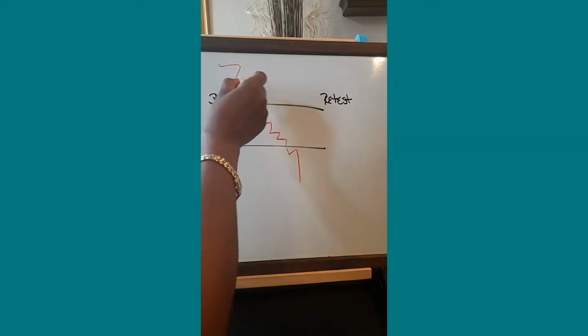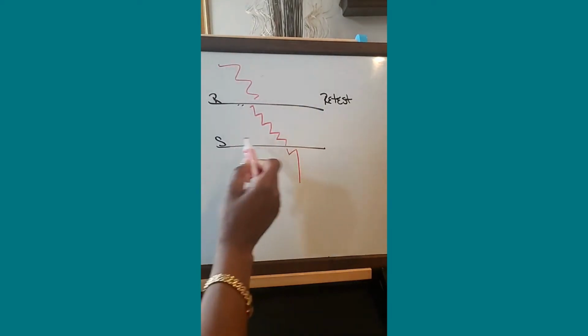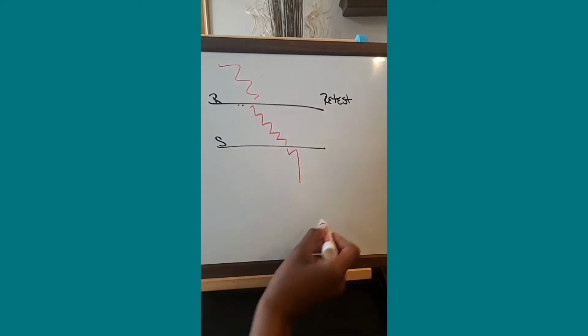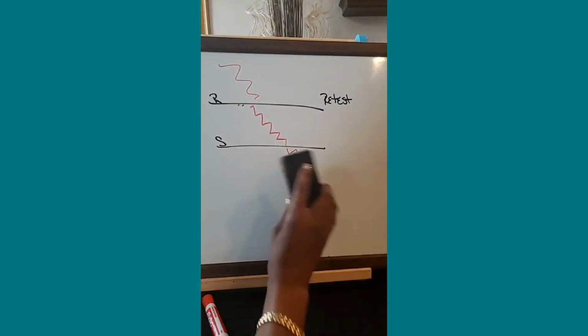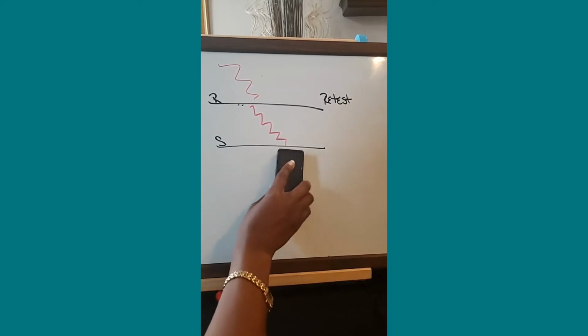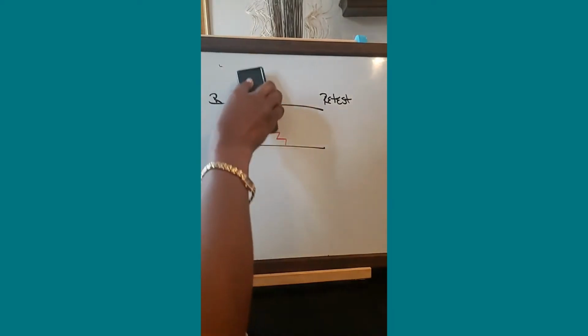Even if it has been in a downtrend, you get this sideways motion, then it may continue in the downtrend. Nevertheless, what we're talking about is a retest, so let me show you that because I don't want to get off track.